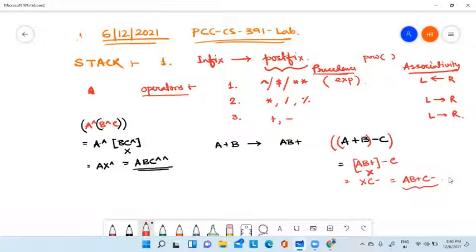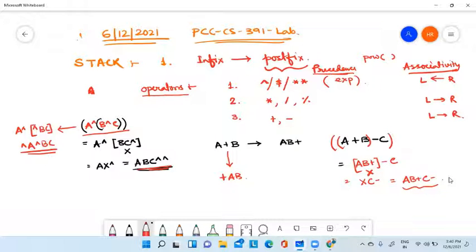Similarly, we can also represent it in prefix. Prefix means first you give the operator, then the operands. So what is the prefix for this one? For b to the power c, it will give ^bc. This is your new operand. Then a to the power that gives ^a^bc. So this is your prefix for this particular infix, and this is your postfix for this particular infix.